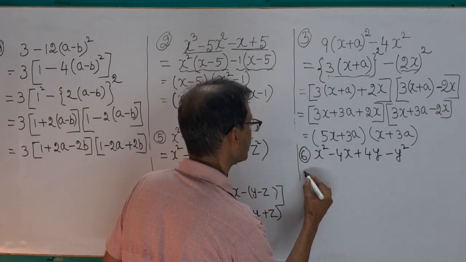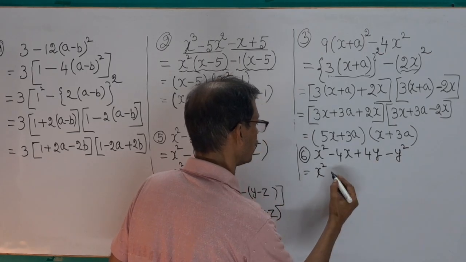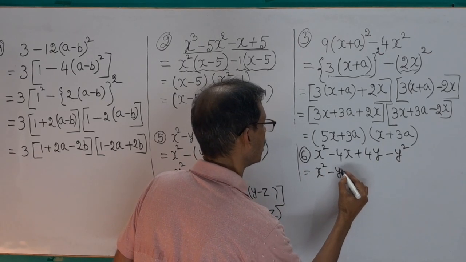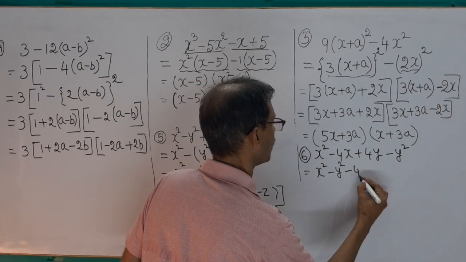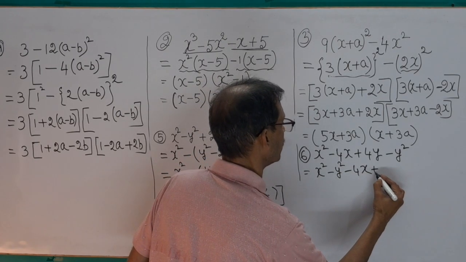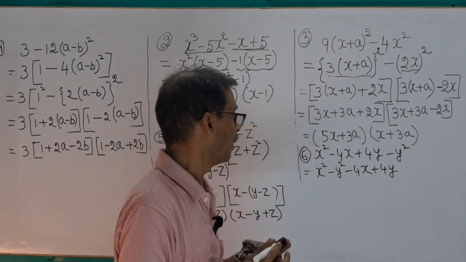How to rearrange? x square and then minus y square I can put after this, and then minus 4x plus 4y. This is called rearranging the terms. What we did?